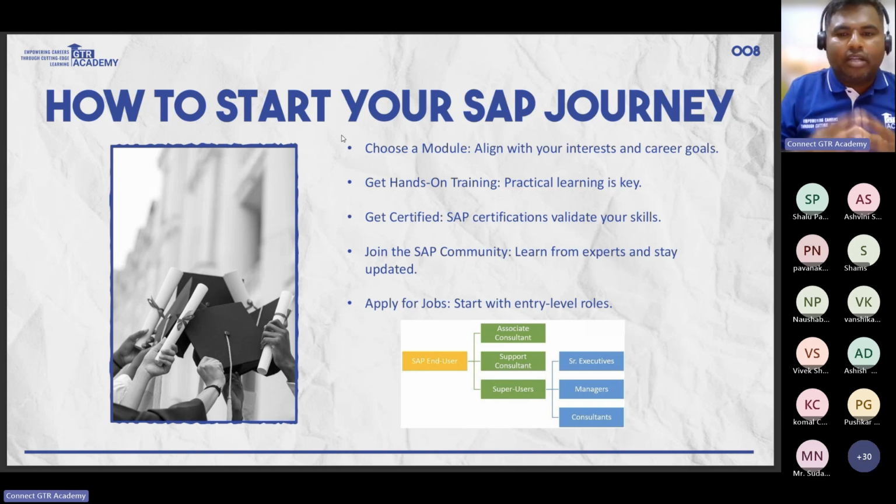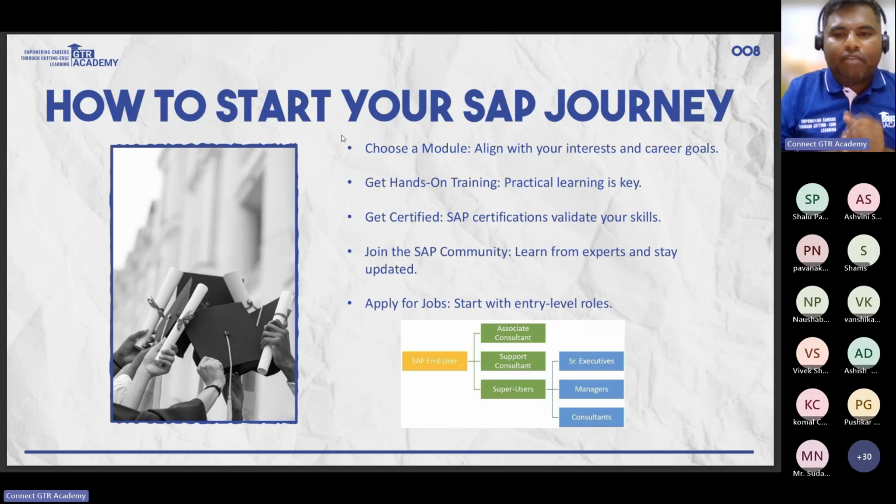Okay, and by joining the SAP community under the GTR, they will share some of the real time scenarios they are facing, the situations, and how you need to resolve them. All these things they will explain over there, so you stay updated and your knowledge keeps increasing day by day.